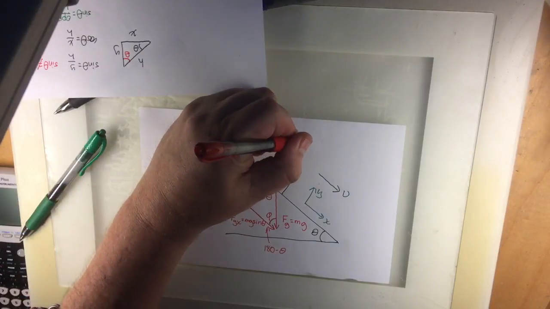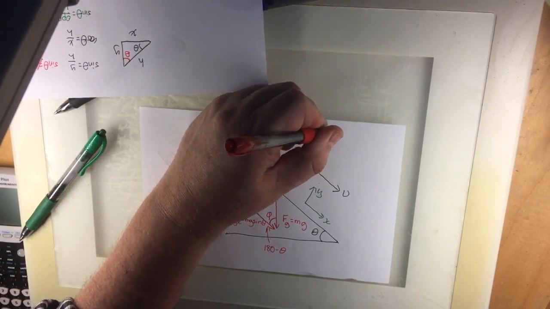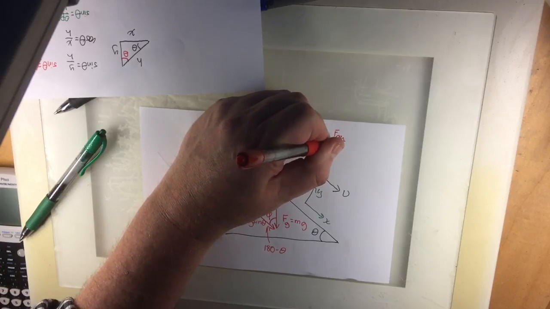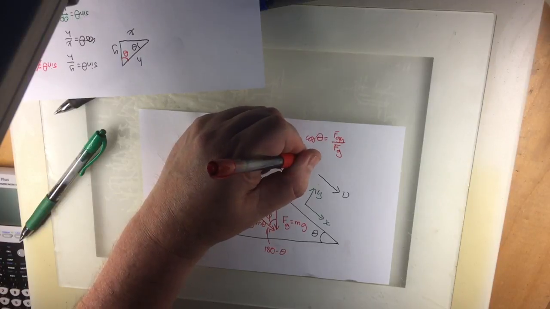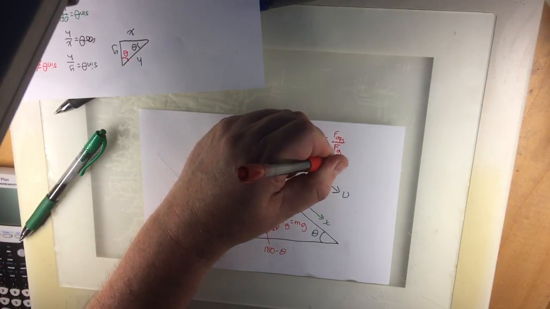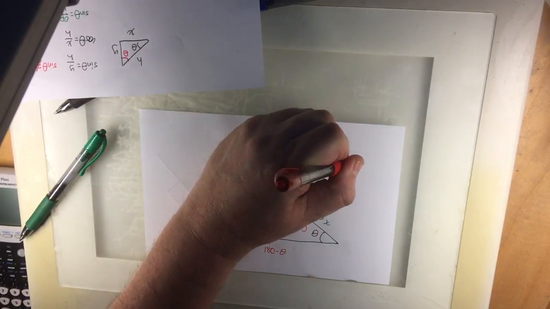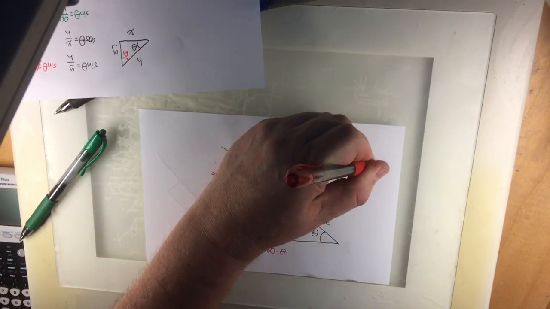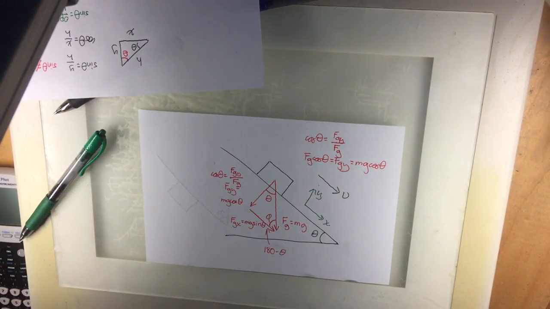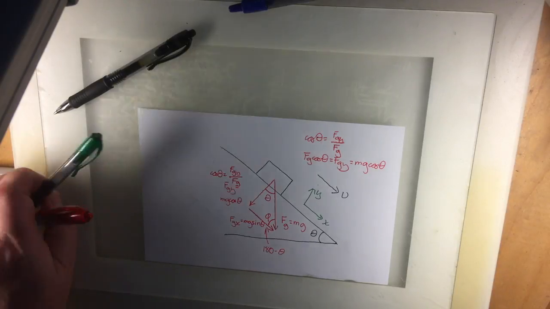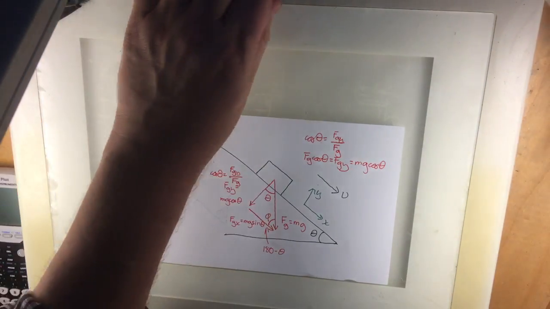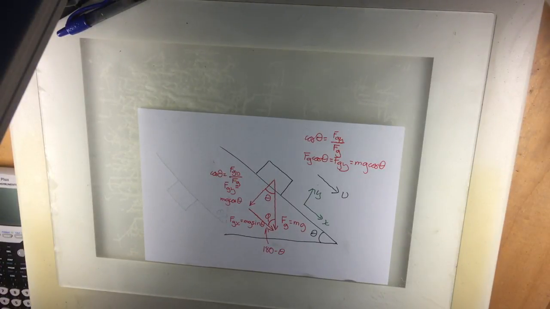Well, if you take cosine theta is FGY over FG, then multiply both sides by FG. FG cos theta is FGY. FG is mg, so it's just mg cosine theta. And that's how you get it. So that helps set up the origin of all these sines and cosines and stuff like that.